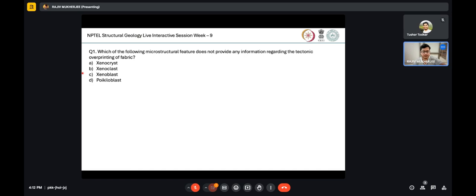I will give a minute to pause and then I will discuss. Okay, so when we talk about deformation fabric or tectonic fabric, this is important.